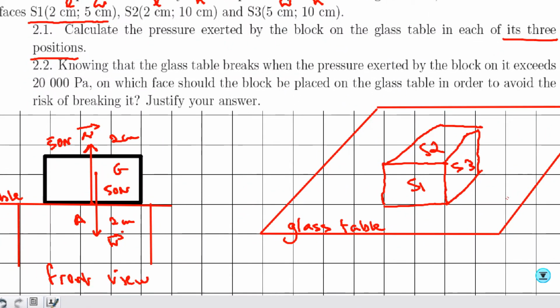So we will use the weight. Why? Because it is the one that is exerting an action on the rectangular block, pulling it downward toward the glass table.